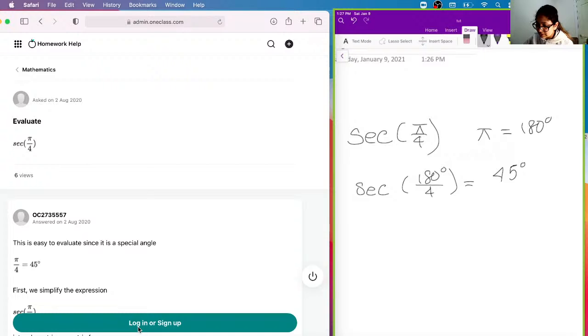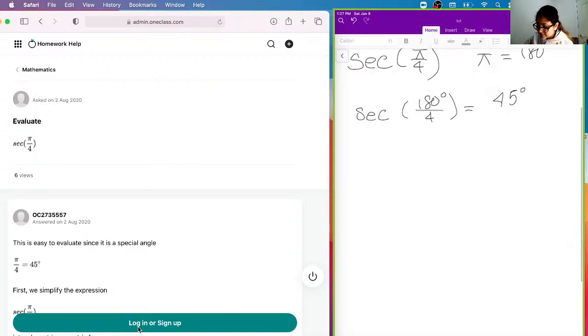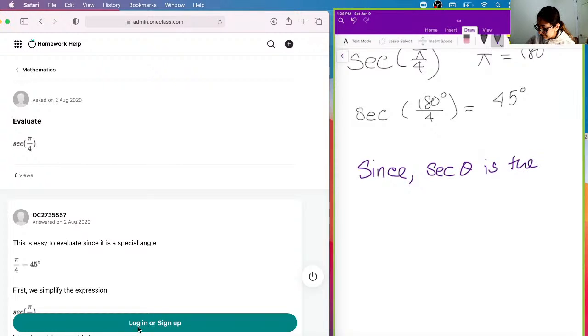And so therefore, since secant of theta is the reciprocal of cos theta, we can basically express this in terms of cos.